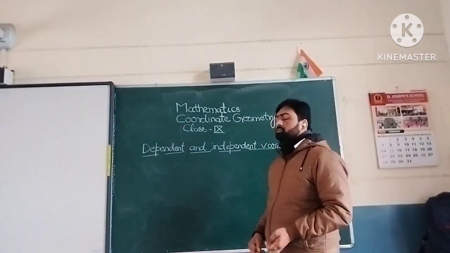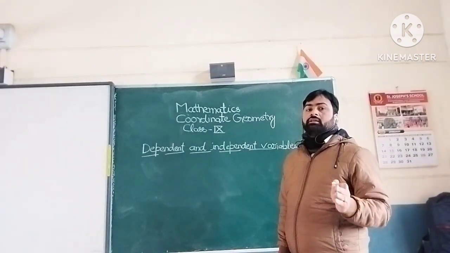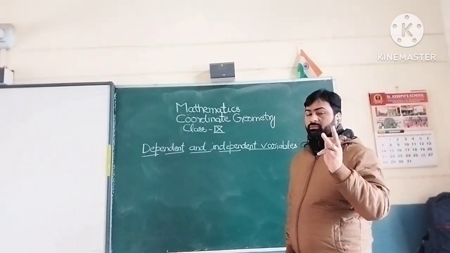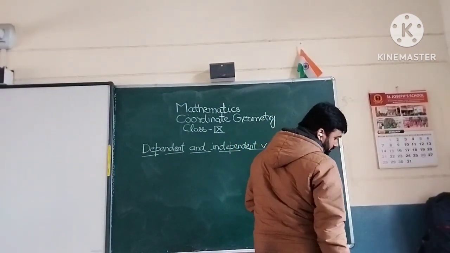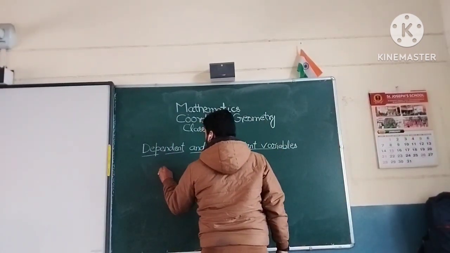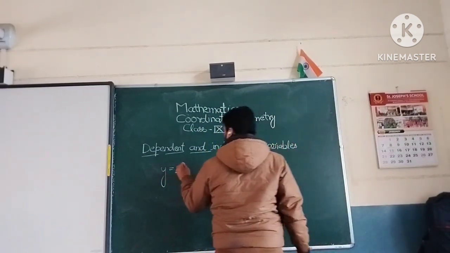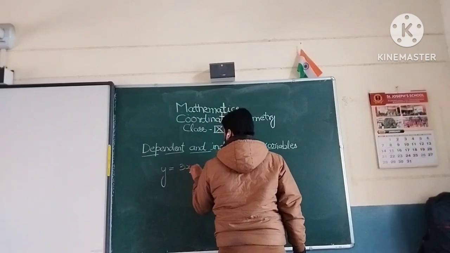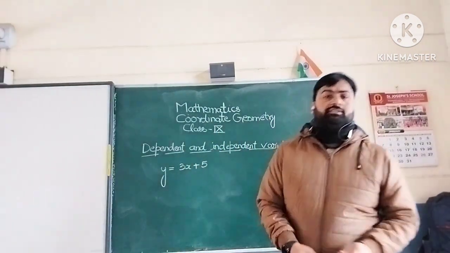So in the case of dependent and independent variables, suppose I am writing a linear equation in two variables like this: y is equal to 3x plus 5. Okay, this is a linear equation.